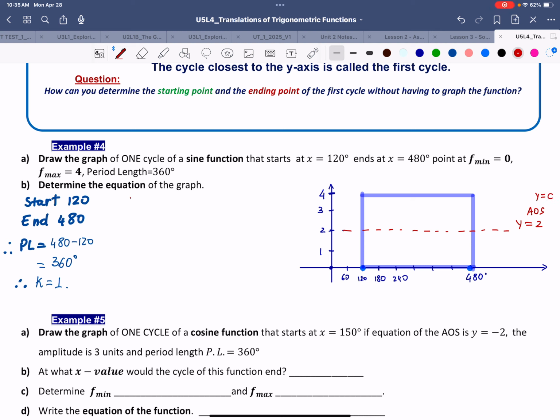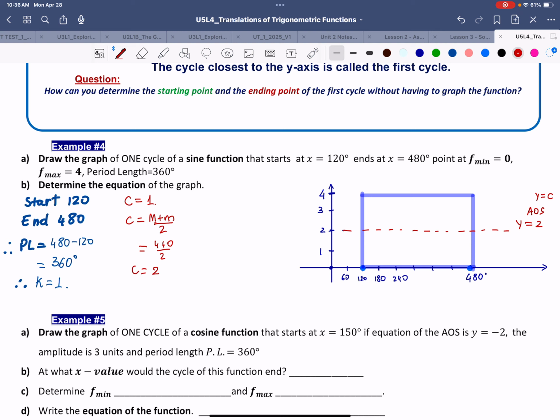So with this, we have discovered that the value of c is equal to 2. If you want to do this algebraically, then you can say that c is the average of max and min, which means that we add them together and divide by 2. So in our case, we have 4 plus 0 divided by 2, that equals 2. So we got the value of c as well.